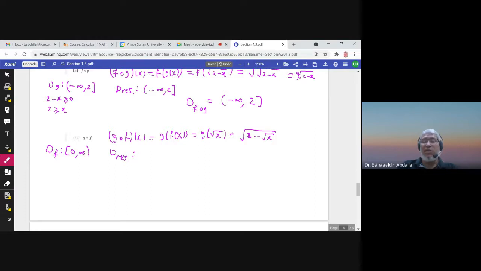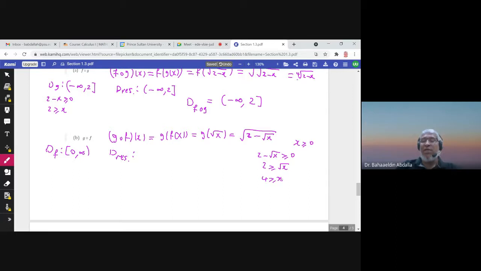This is the result. I have two square roots. Here, x should be greater than or equal to 0. So this is one condition. And 2 minus square root of x should also be greater than or equal to 0. So 2 should be greater than or equal to square root of x. Squaring both sides, because both are positive, so you can square both sides.